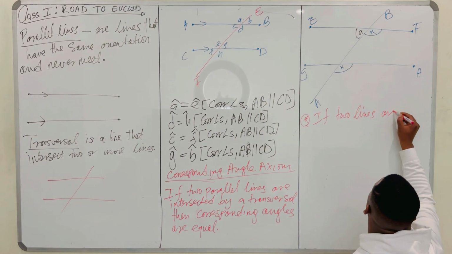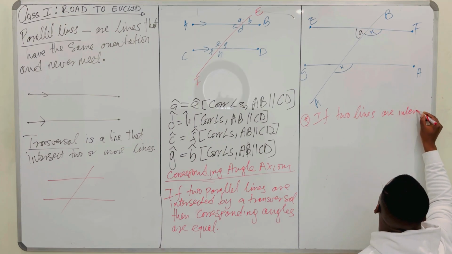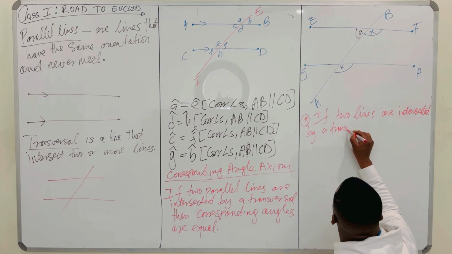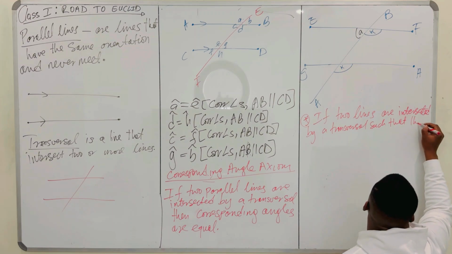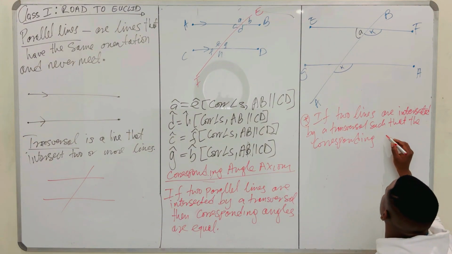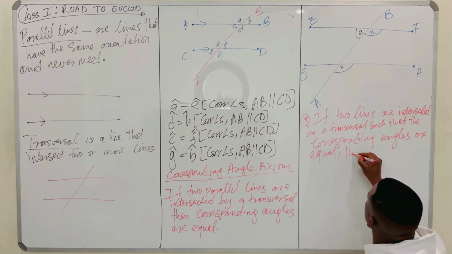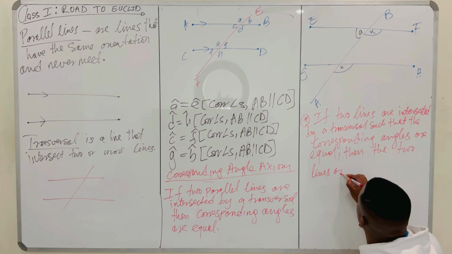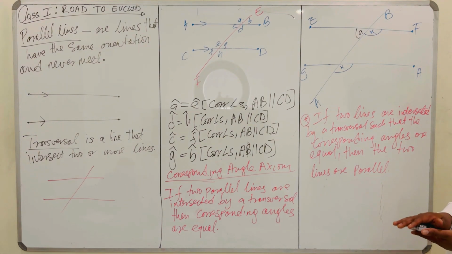If two lines are intersected by a transversal such that the corresponding angles are equal, then the two lines are parallel. That's all I need you to know today.